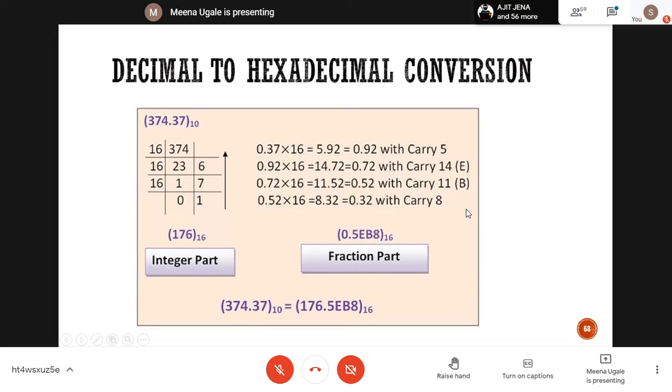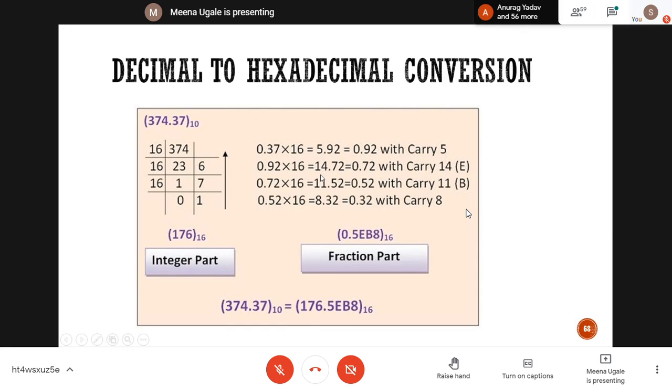This is another example with integer and fraction part. The integer is 374, divide by 16 the same way you follow. The decimal is 0.37, multiply by 16. Separate the integer and fraction parts. Here it is written as a carry, but I have taken this image from the internet.